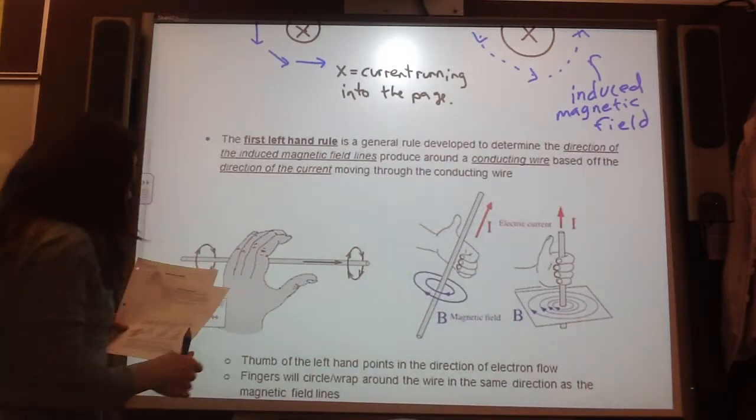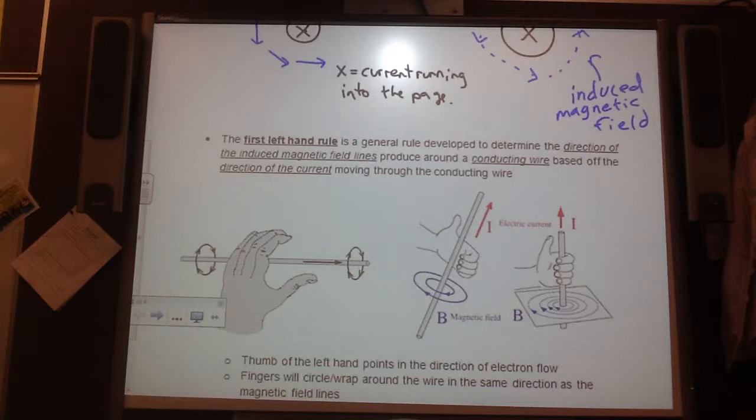The first left-hand rule is a general rule developed to determine the direction of the induced magnetic field lines produced around a conducting wire, based off the direction of the current moving through the conducting wire.